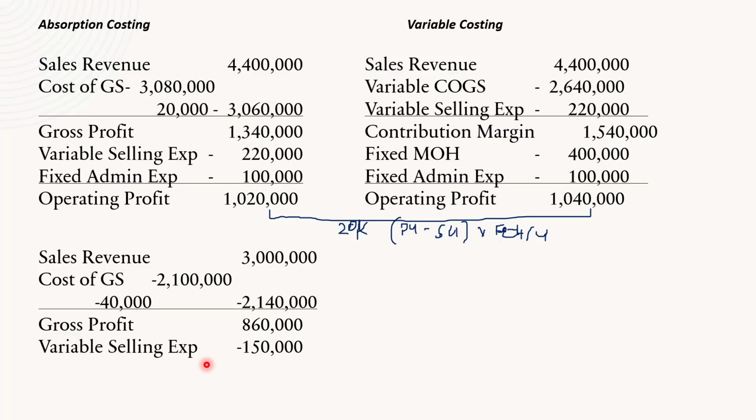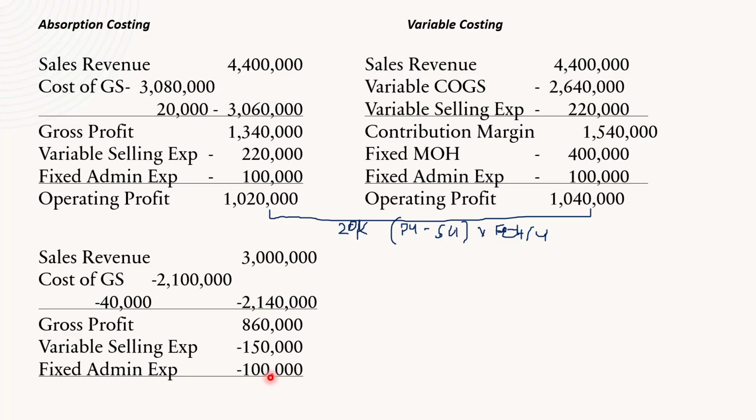So what are we going to do? 10 times 15,000, you have negative 150. Minus kasi to. 10 times 15,000 is 150K. Walang problema sa fixed admin expenses. It's still 100,000.